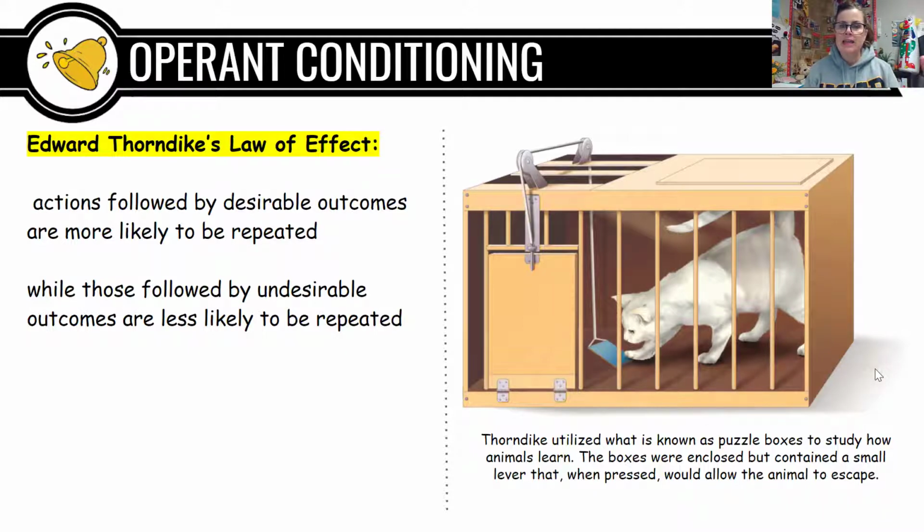And really, he was taking animals and putting them in some kind of cage or a box and wanted to see if he could create some desirable outcomes and wanted those desirable outcomes to be able to be repeated.